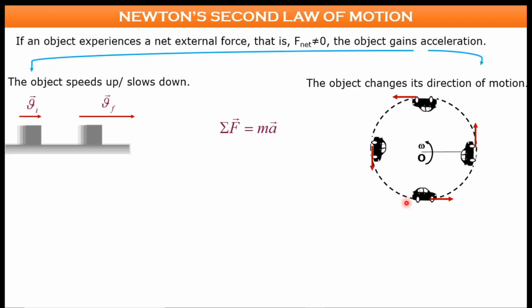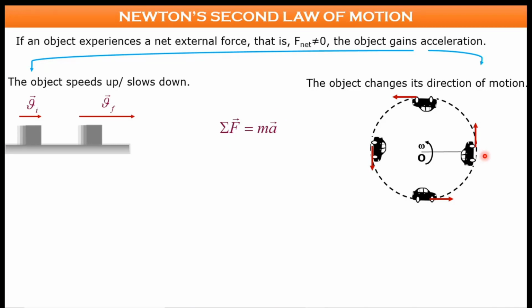That force is called centripetal force. And we learned that this force is always towards the center of the circular path. We calculate the force by multiplying mass and acceleration. Mass times acceleration is the sum of the forces acting on this object. This is the very famous equation of Newton's second law.